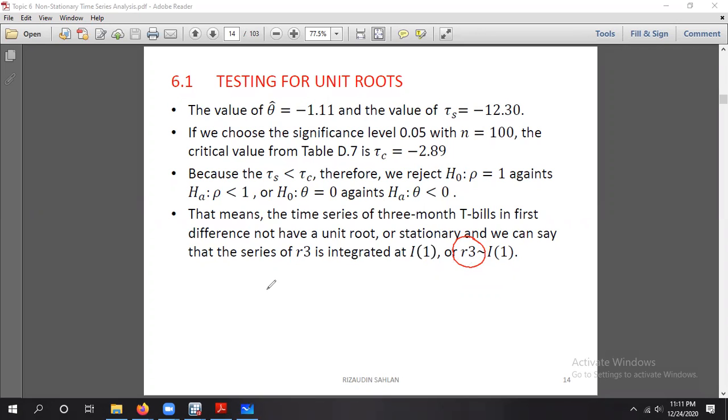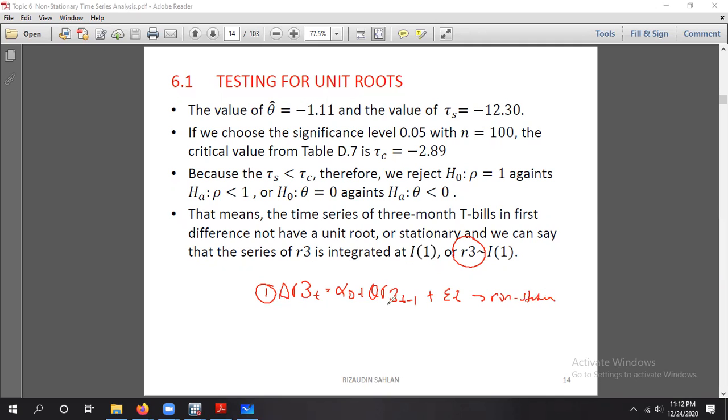but stationary at the second difference. So when we regress this equation for R3, using this unit root test, R3(t-1) plus e(t), when we perform this test for R3 based on this equation, in the level form we can see that the data is non-stationary.